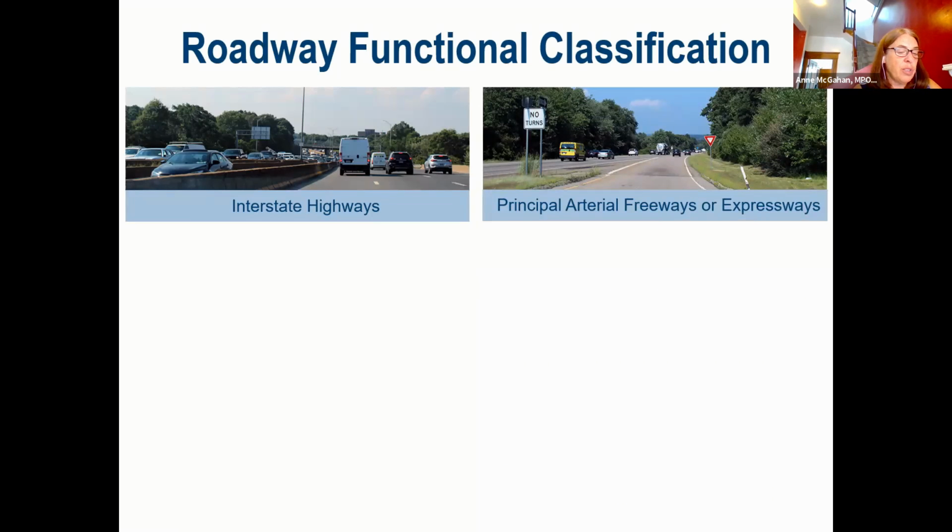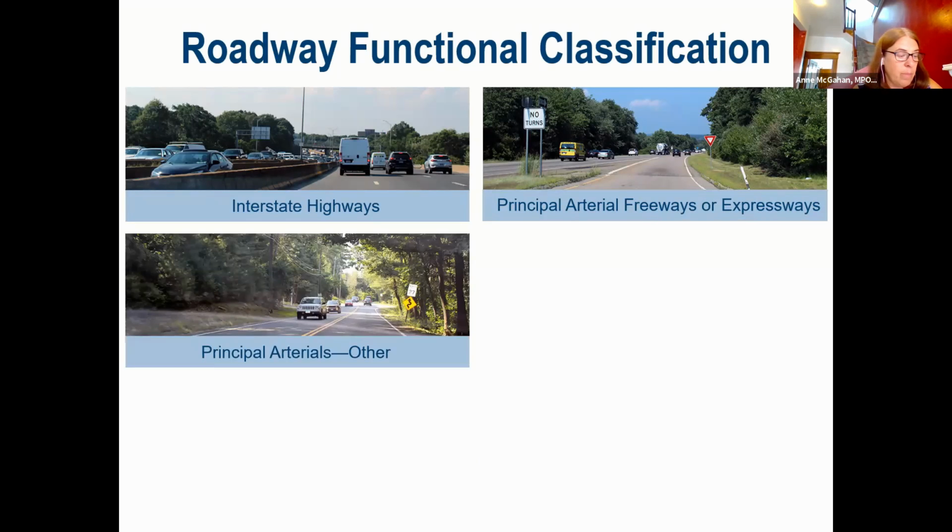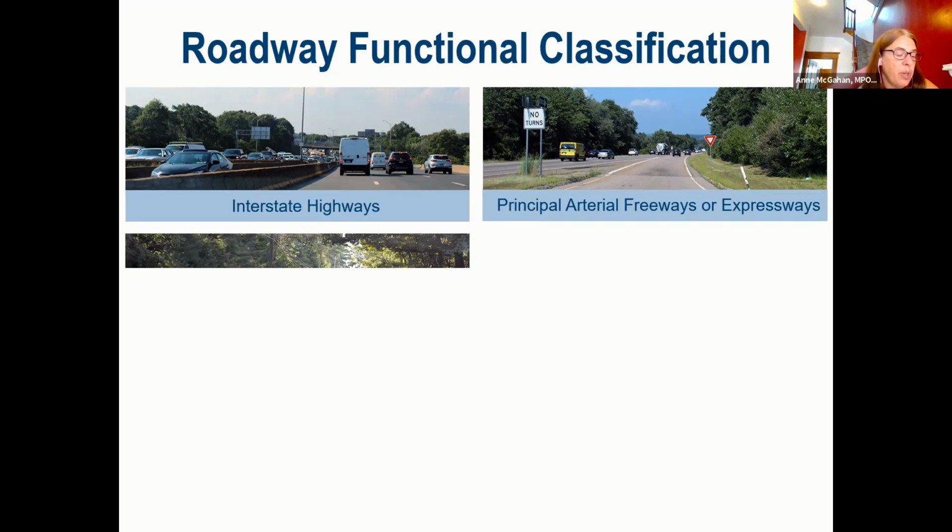Principal arterial freeways or expressways include express highways built to interstate standards that are not designated as part of the interstate system, and access to these roadways is also provided through entrance and exit ramps. Principal arterials other classification serve major centers of metropolitan areas and provide a high degree of mobility with abutting land uses served directly.